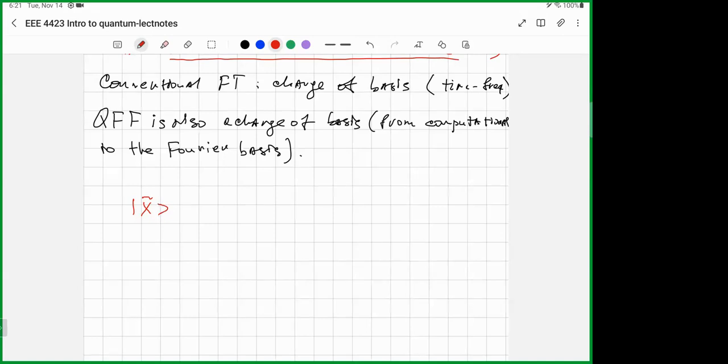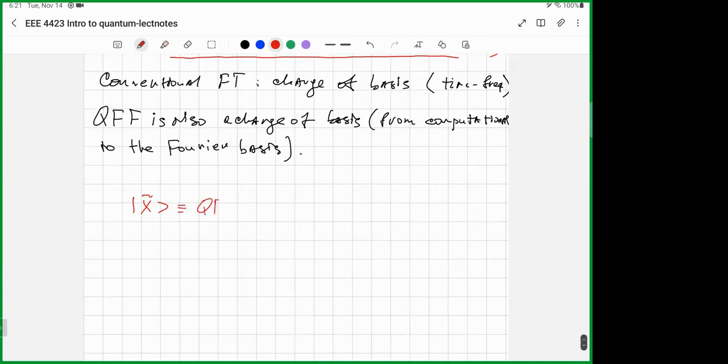This is the state of a general n-qubit quantum system. Okay, so this can be a very long string of zeros and ones which encode the quantum state. And this is the QFT of state x.